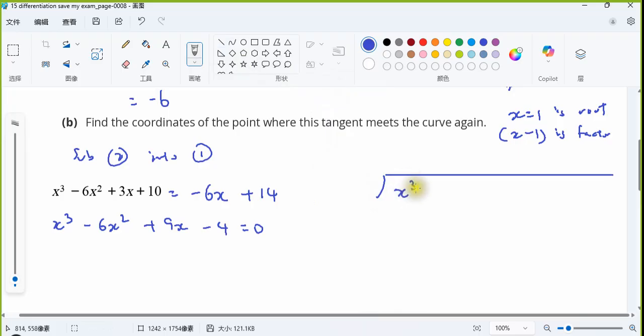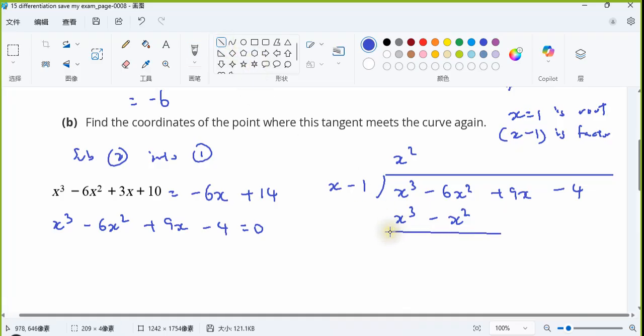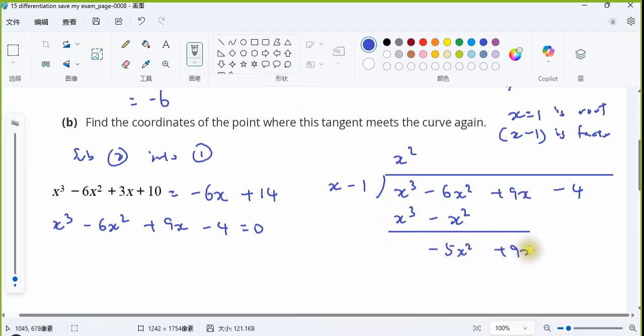So x cubed minus 6x squared plus 9x minus 4 divided by x minus 1: x squared, x cubed minus x squared. So we will have negative 5x squared plus 9x, then negative 5x, negative 5x squared plus 5x.